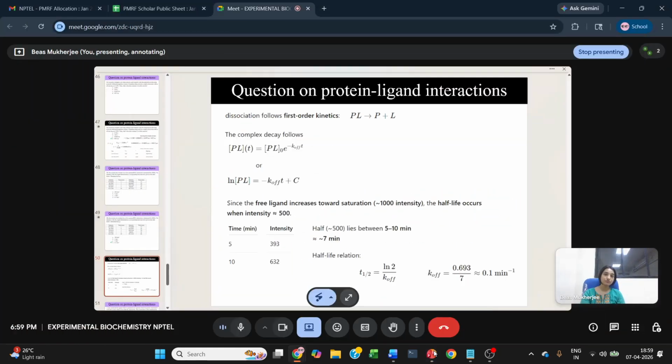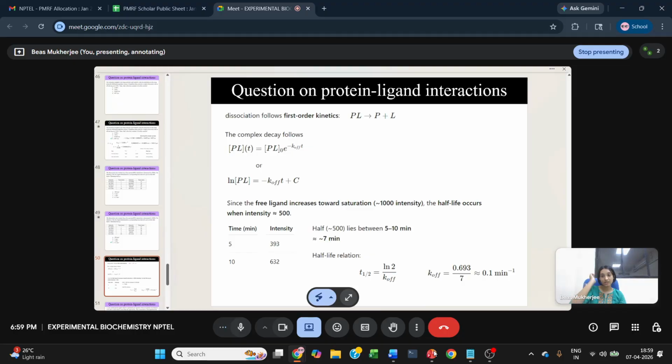Dissociation constant, you know, follows first order kinetics. So PL breaks into P plus L. The complex decay, you know that I is equal to I naught minus I naught into e to the power minus k off into t, right? So ln of PL is equal to minus k off into t plus c.